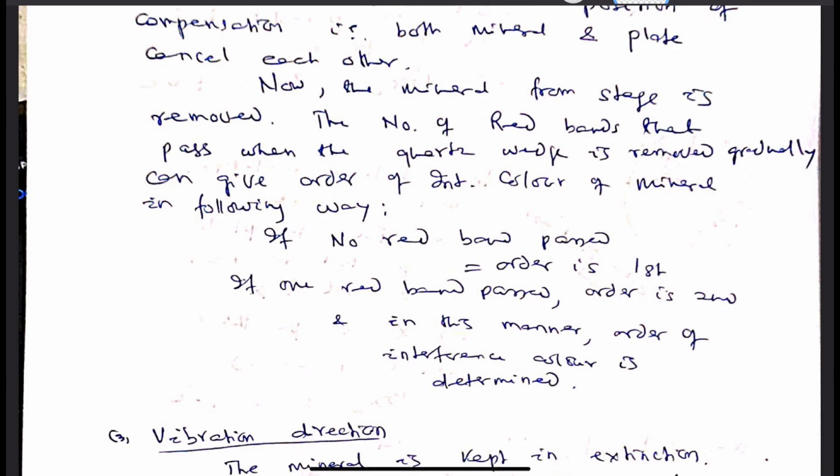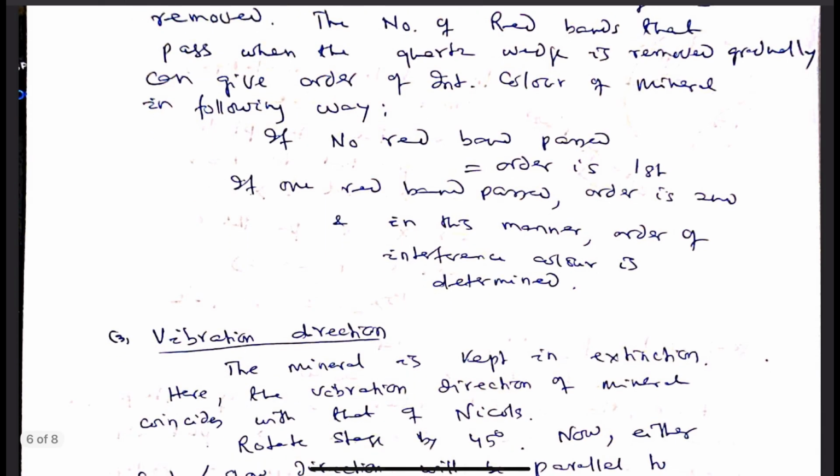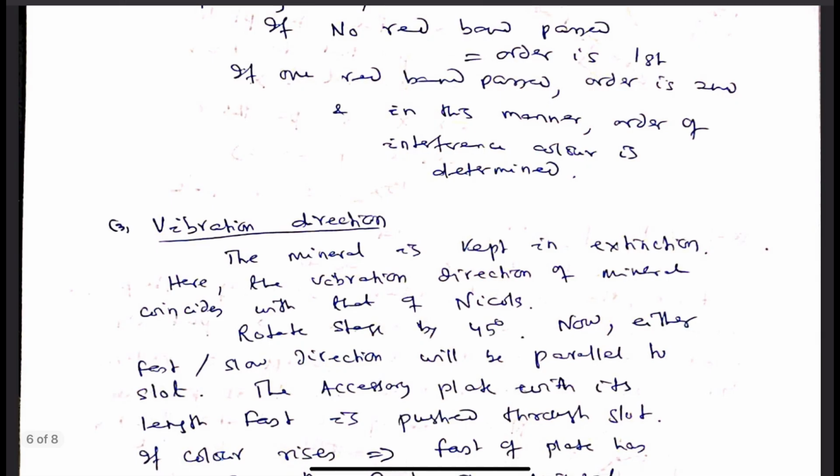Now the mineral on the stage is removed, and gradually the wedge is pulled out by noting the number of red bands that pass. If no red band passes, the order will be first order. If one red band passes, it will be second order. If two red bands pass, then it will be third order.